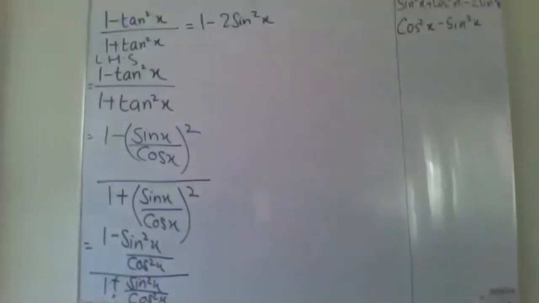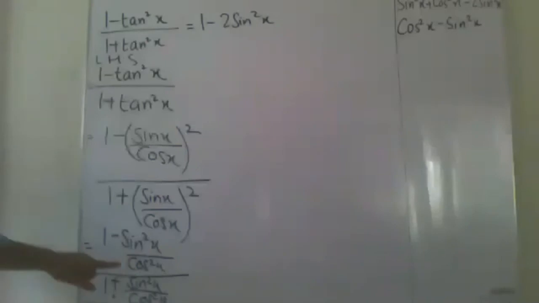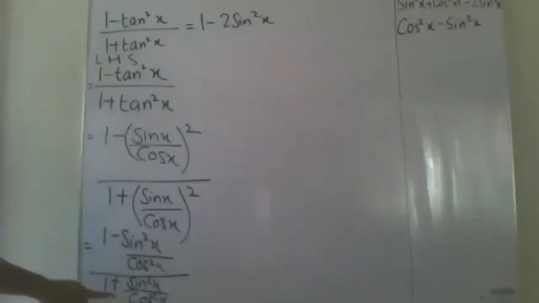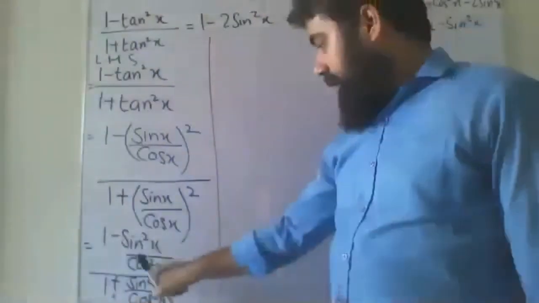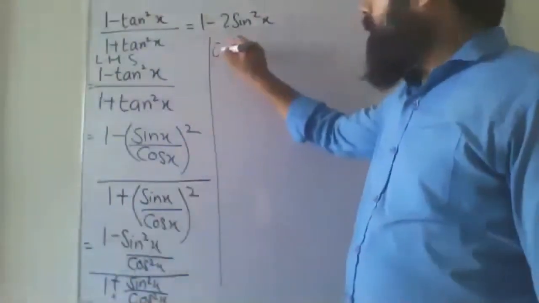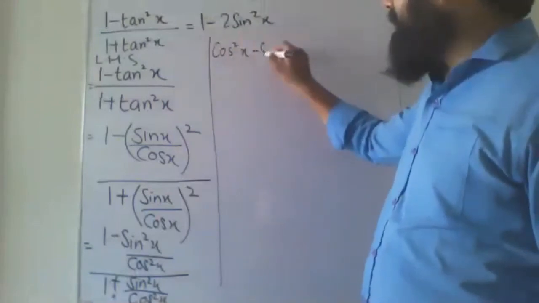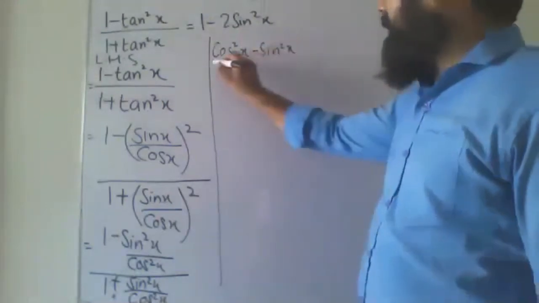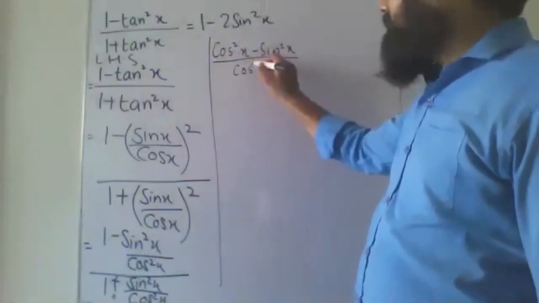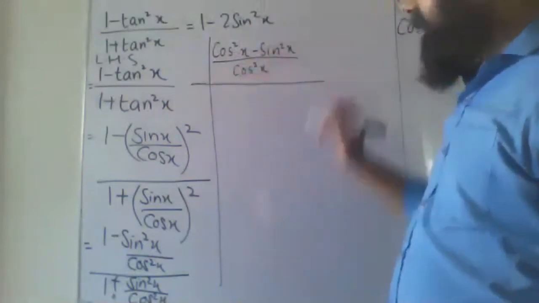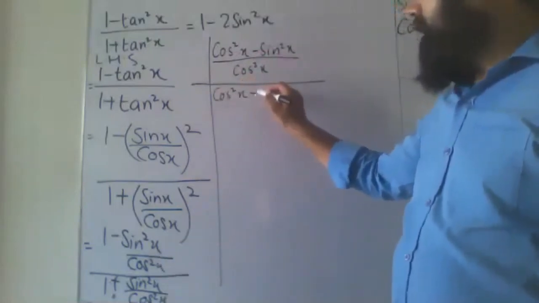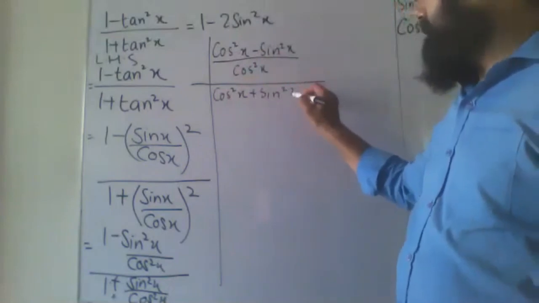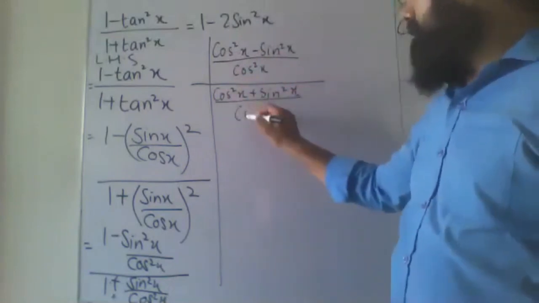So after this, what I can do is take the LCM over here and take the LCM over here. So see, I am solving it over here. The LCM of this one will become cos square x minus sine square x over cos square x. This is the numerator, and the denominator will be cos square x plus sine square x over cos square x.